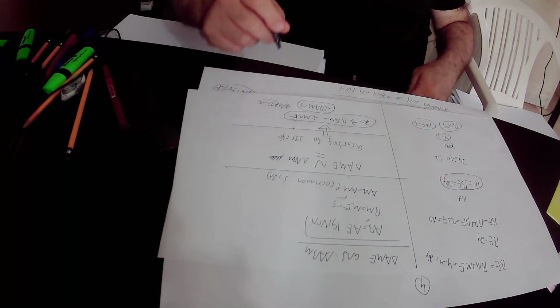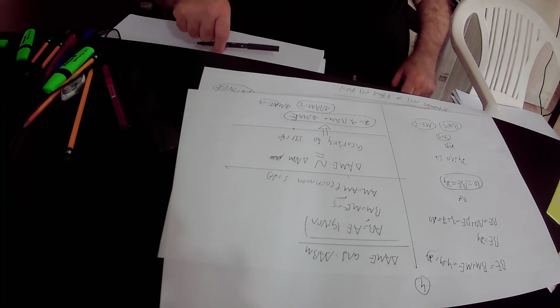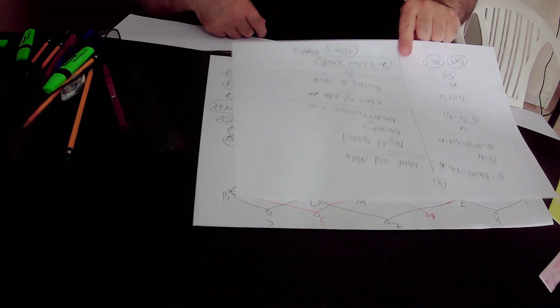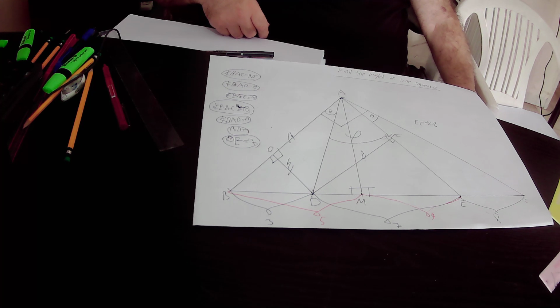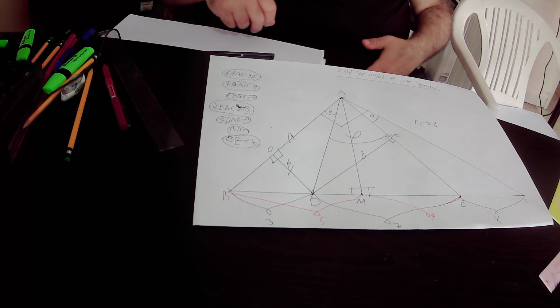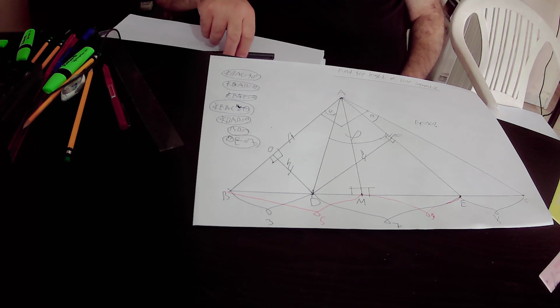So we actually found out that angle MAE equals Z, and that angle BAM equals Z according to our definition. So what is the value of angle BAE?